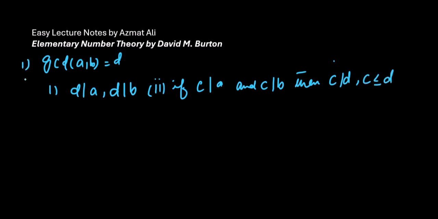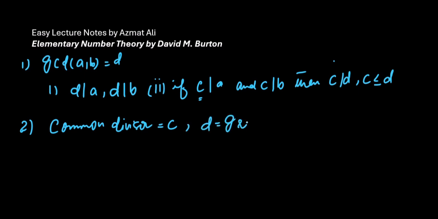The second fact that I will use several times in our lecture, and our today's lecture might be a bit long. The second fact is, as C is a common divisor, C in the above definition is a common divisor, and D is the greatest common divisor.